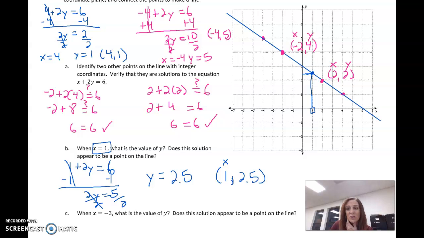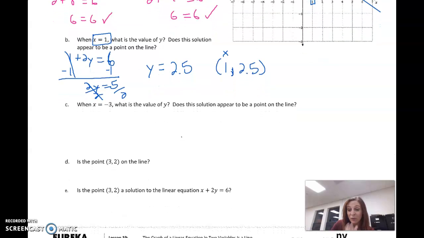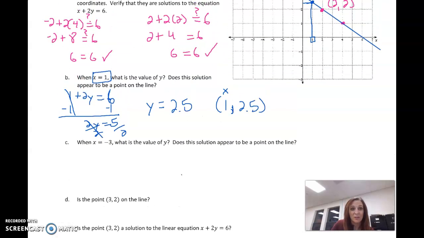All right, when x is negative 3, what's the value of y? I'm still going to be using this equation, so I'll leave it up there. Negative 3 plus 2 times y equals 6. All I did is take this and plug in negative 3 for x. Now, solving like we've been doing, I'm going to add 3 to both sides.